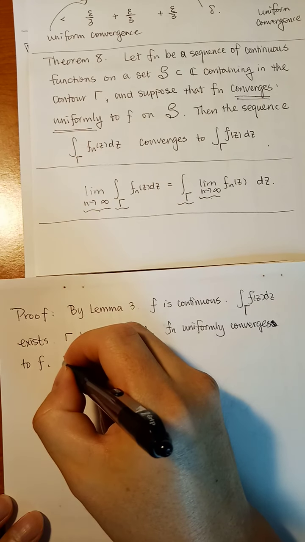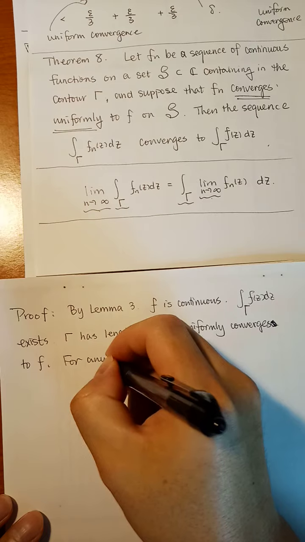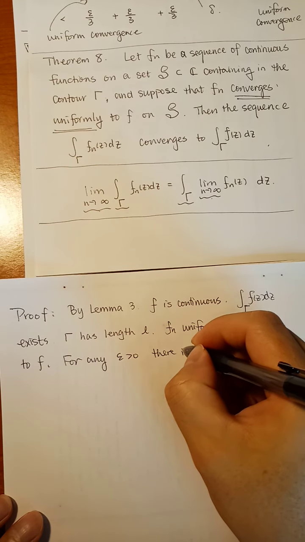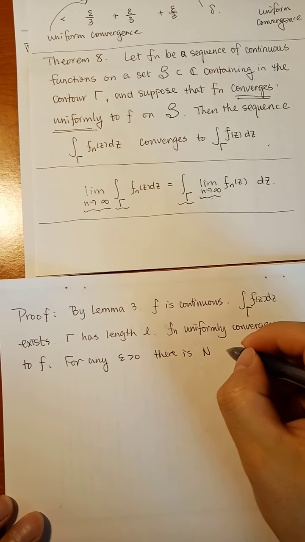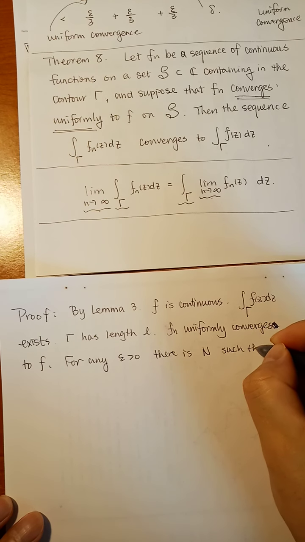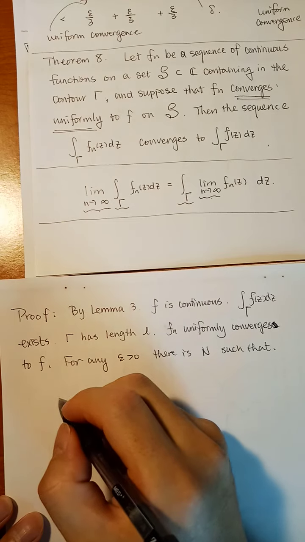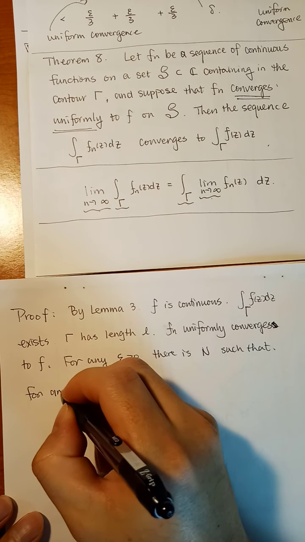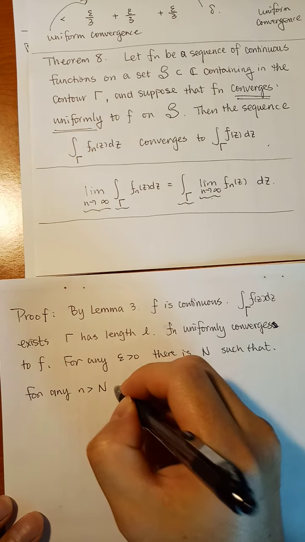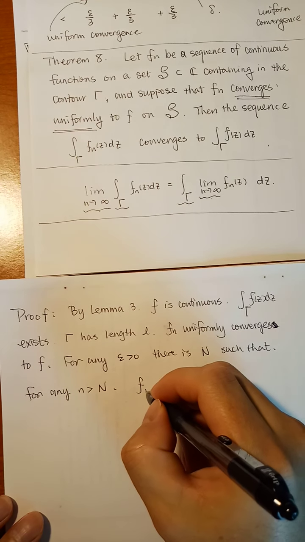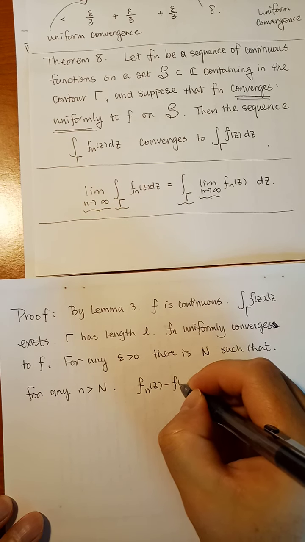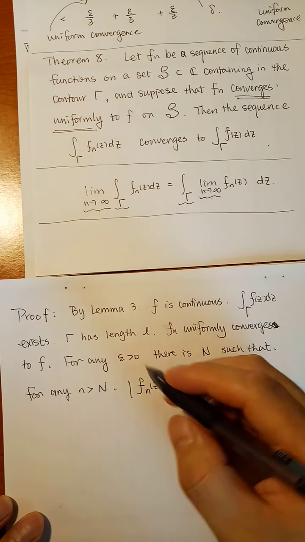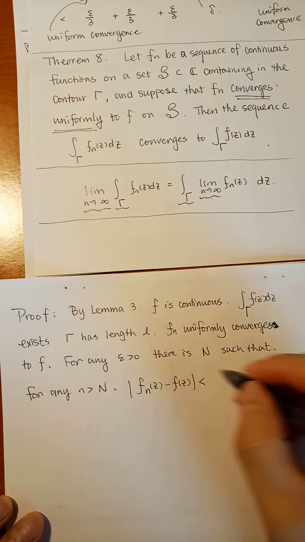Then for any epsilon, there is a capital N such that for any n greater than capital N, |f_n(z) - f(z)| is less than a certain multiple of epsilon.